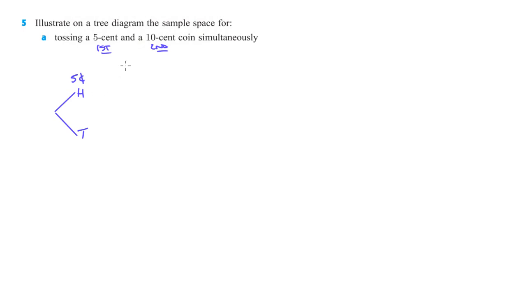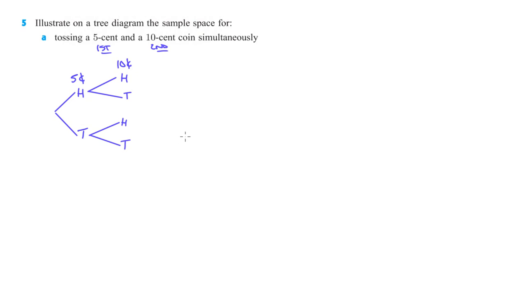So now the 10-cent coin is going to be this. If we got heads on the 5-cent coin, we can either get heads or tails on the 10-cent coin. If we flip tails on the 5-cent coin, we can still get either heads or tails on the 10-cent coin.